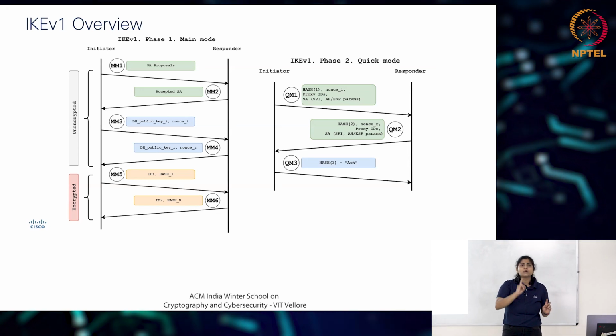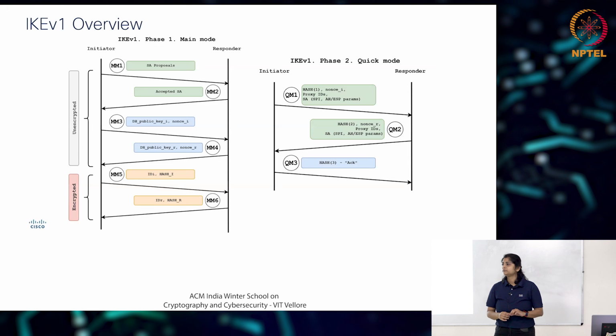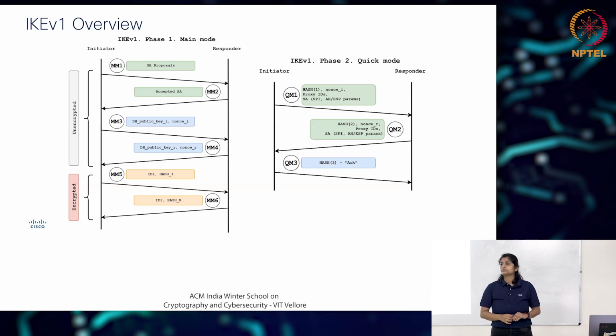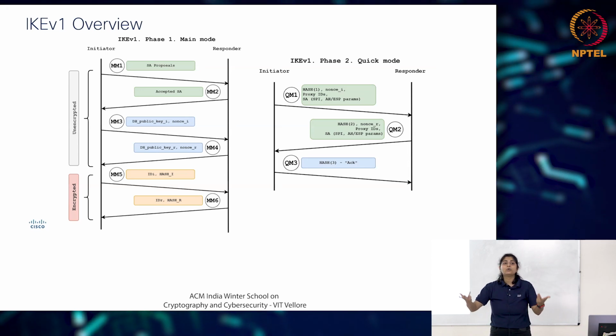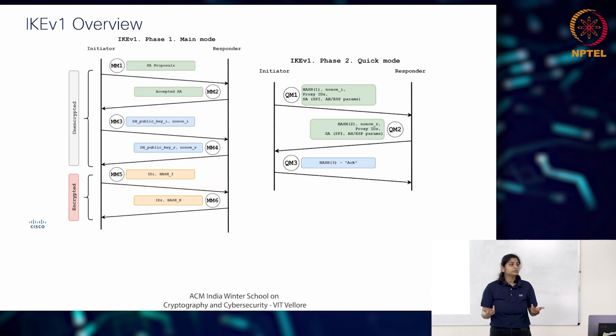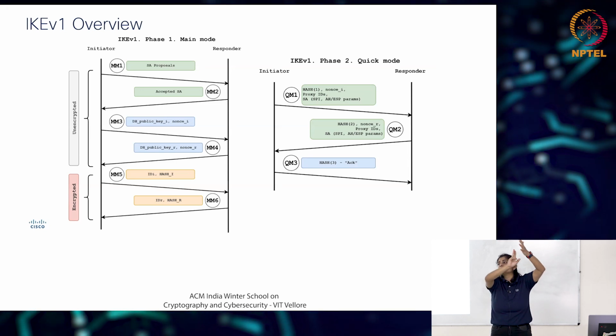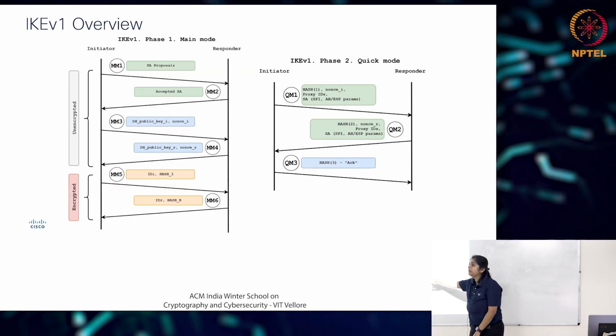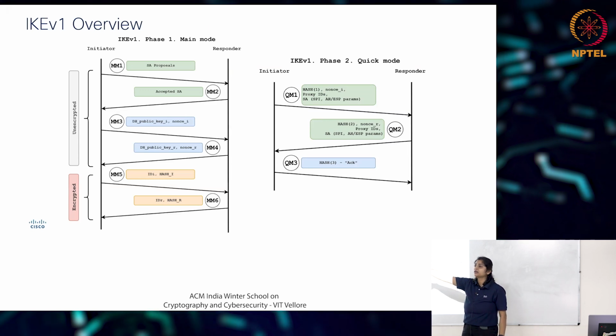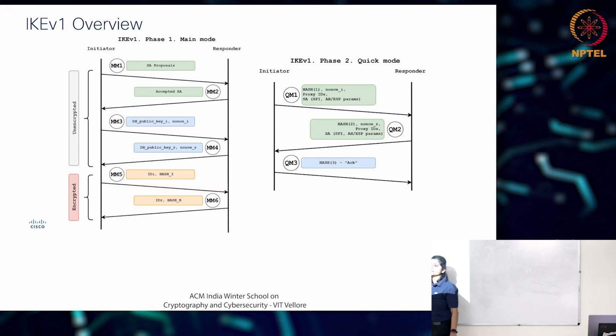Why do you think the responder SPI is 0? We don't know if the other guy even supports VPN or not. IP routing is there, ports are open, everything is fine. When I am the initiator for VPN, I send that traffic, the first SA proposals.